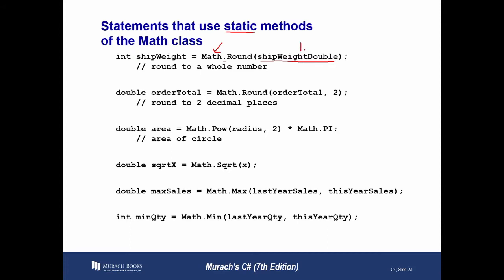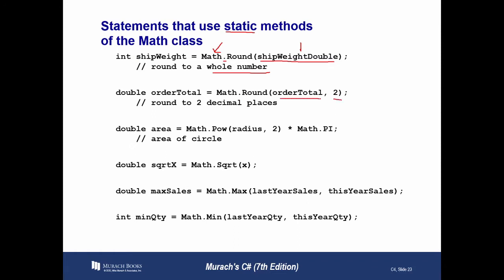And you can see here we've got other ones for round. So you can see I'm passing one argument into the round method. Like it says here, round is just going to round it to a whole number. But in this example, I'm passing 2 arguments.